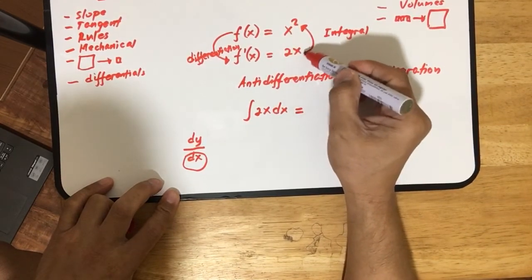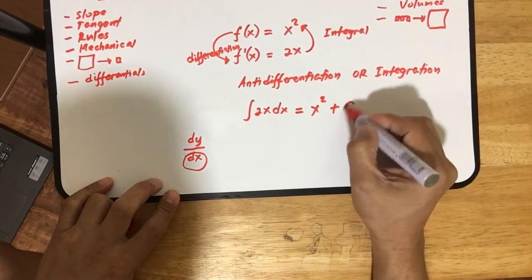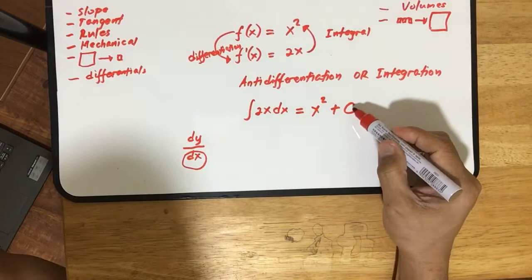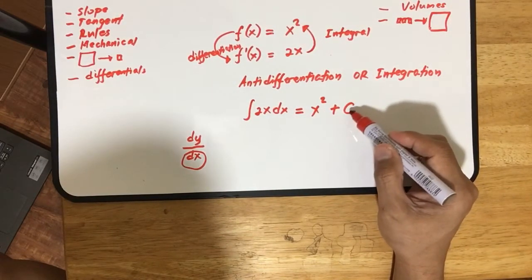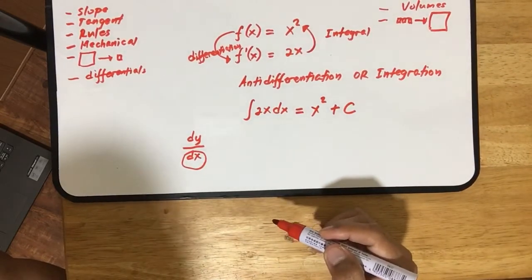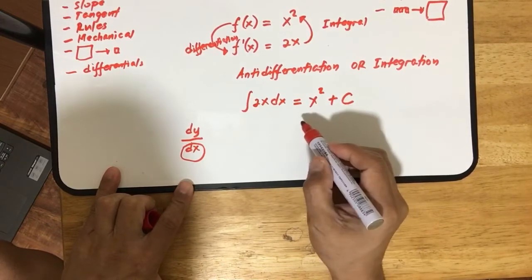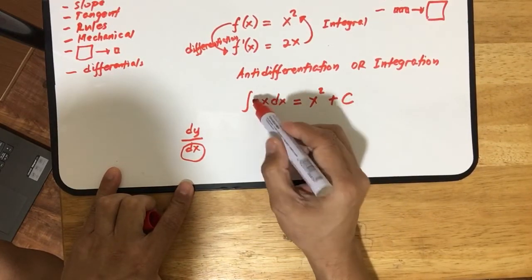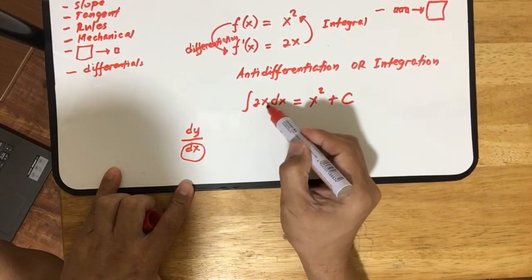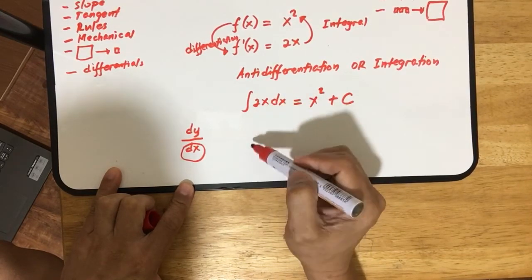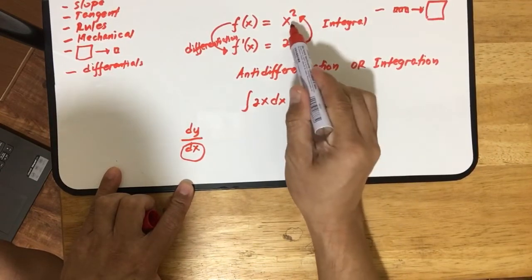So we have x squared plus c. This is what we call the constant of integration. I will give you details on this later on. This, between the integral sign and the dx, is the function that we are going to process such that it will go back to this one.